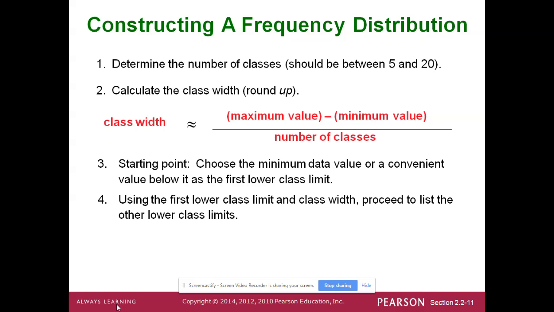All right. Using the first lower class limit and the class width, which you've already calculated, maximum value minus minimum value divided by the number of classes, you're going to go ahead and make your other lower class limits. So if you started at 20 and you know your class width is going to be 10, you're just going to keep making those on up to the next one.